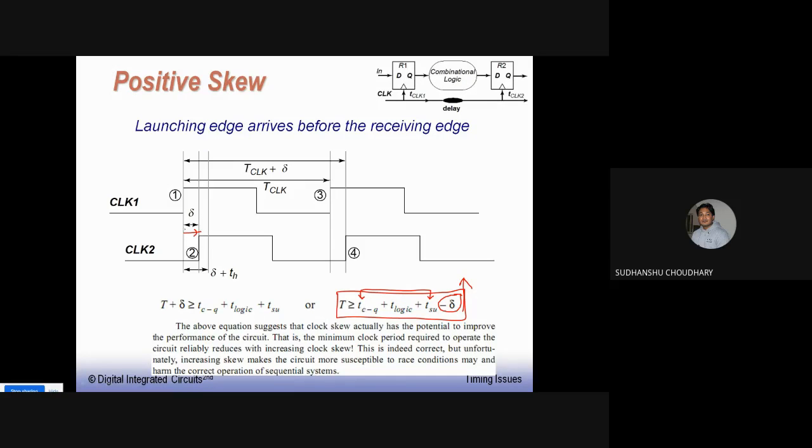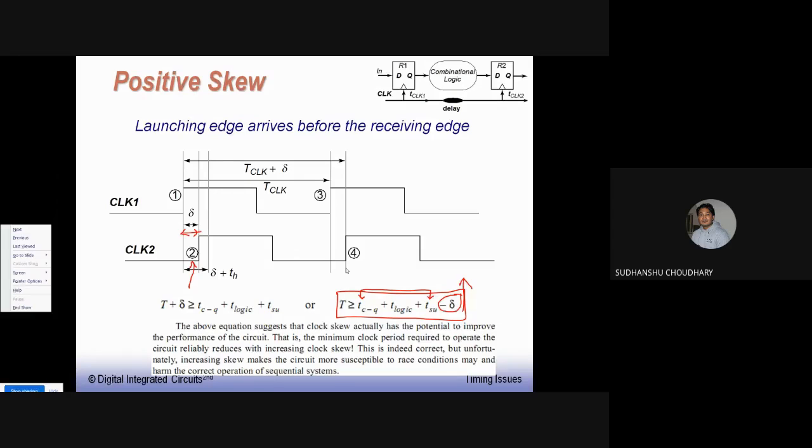Then the data to register 2 may be available even at this point. That means register 2 can process the data at edge number 2 also, and at 4 also. So some sort of race condition exists here.